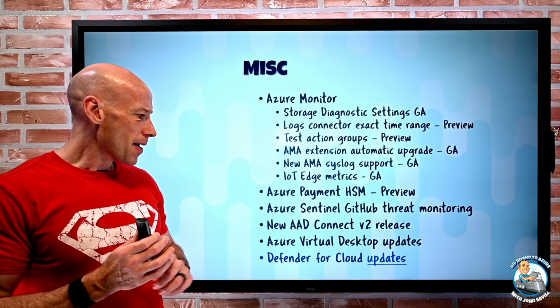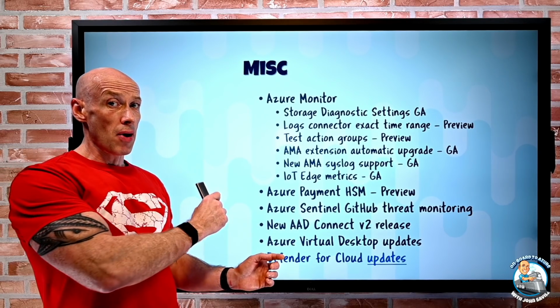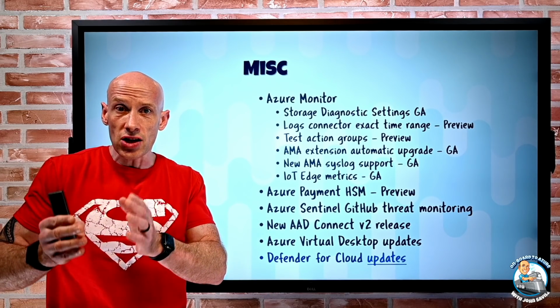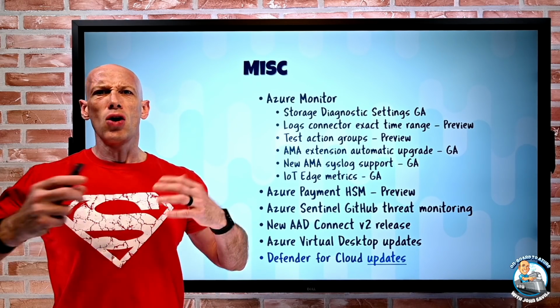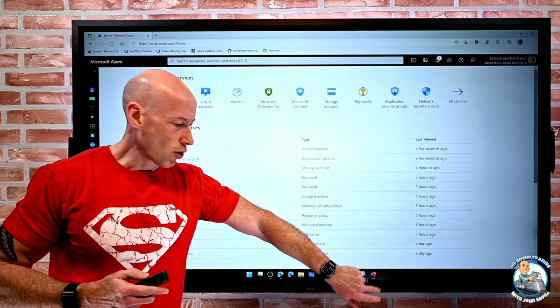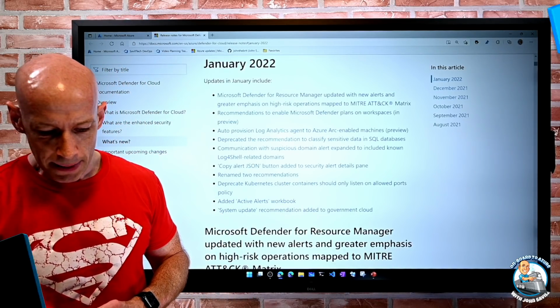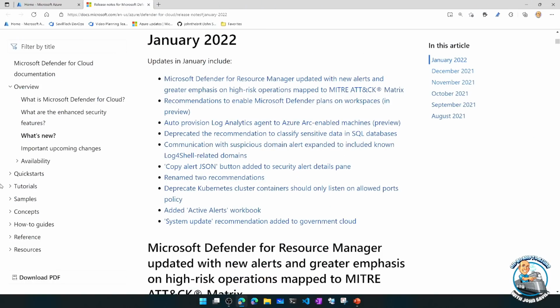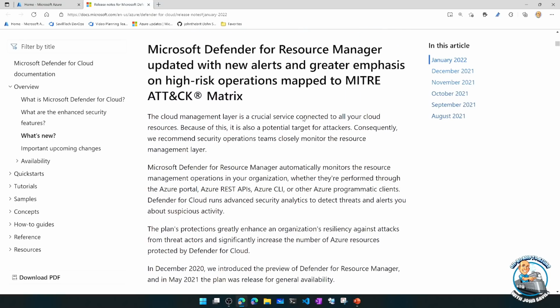And finally, Defender for Cloud, Microsoft Defender for Cloud, what was Azure Security Center, had a whole set of updates. I'm not going to go through all of them because there were just so many, but basically there was some new emphasis in the solution around Azure Resource Manager Defender.